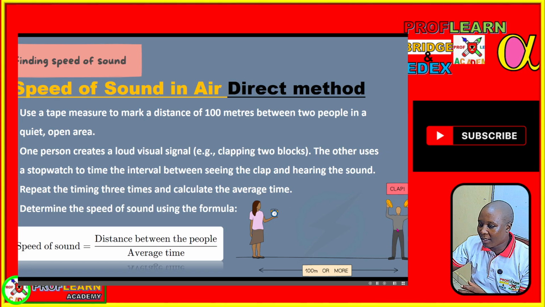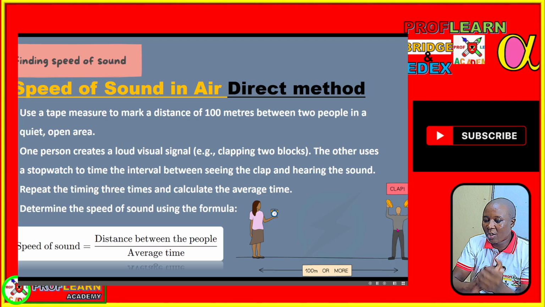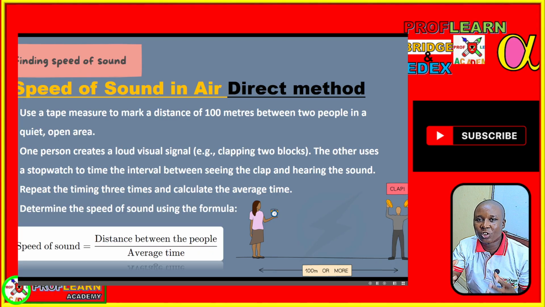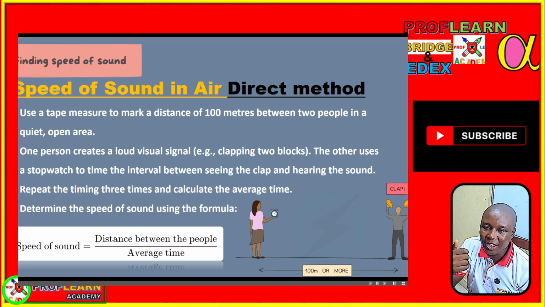This gentleman is going to produce a sound and the lady here is going to start a stopwatch the moment she sees the objects which are banged together come together. So immediately she sees the objects touching, she will start the stopwatch, and stop it immediately she hears the sound. And then they can repeat this and find the average.